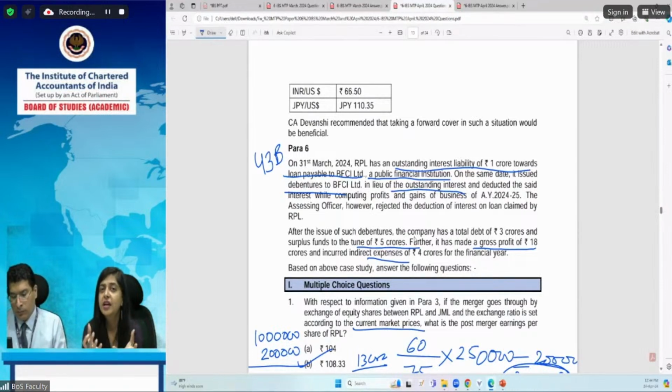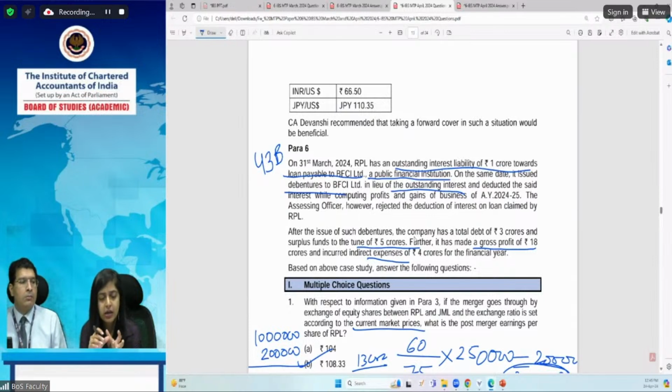Till which date can you pay? You can pay till the due date for filing of return of income. If you have paid till that date, it will be allowed as deduction in the previous year to which it relates. Otherwise, it will be allowed as deduction in the previous year in which it is actually paid.